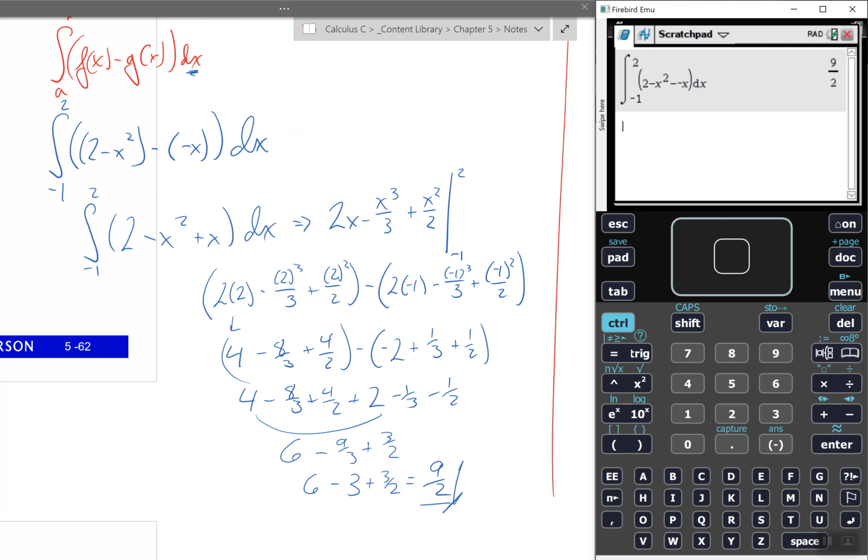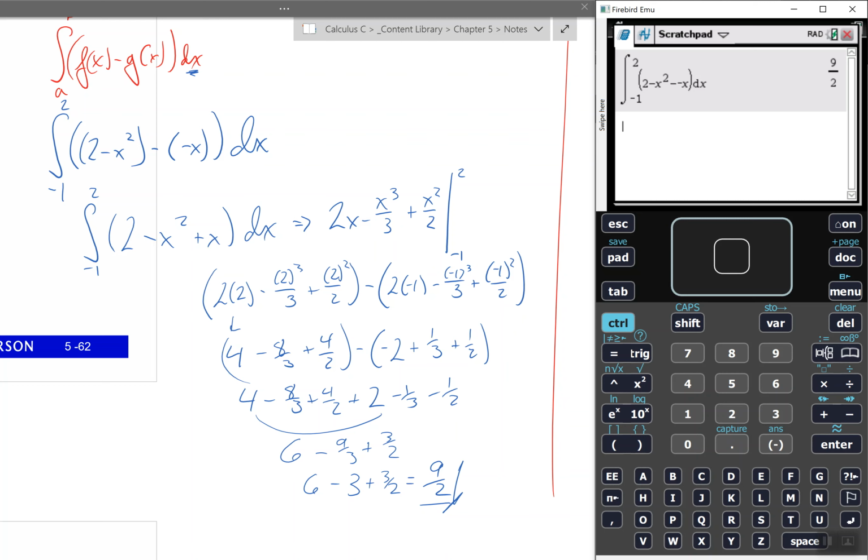My calculator froze. The integral from -1 to 2 of, I'm going to plug it in as we had it over here. The first quantity is x plus 1, because that was on top, minus x squared minus 1, because that was on bottom, dx.